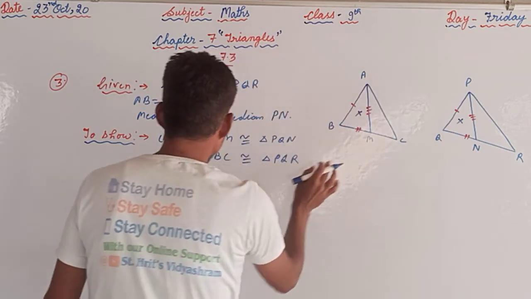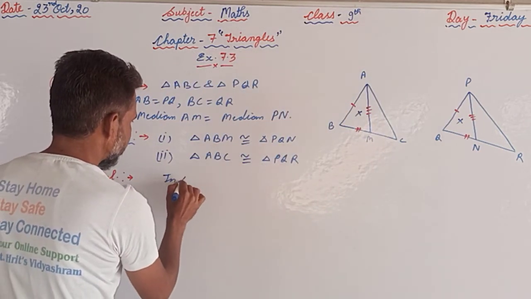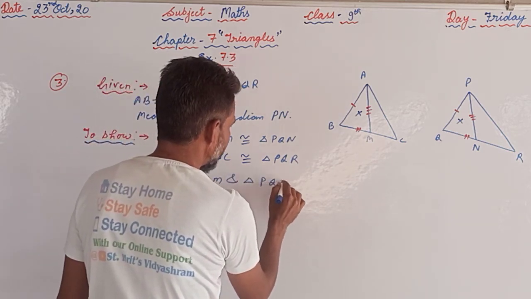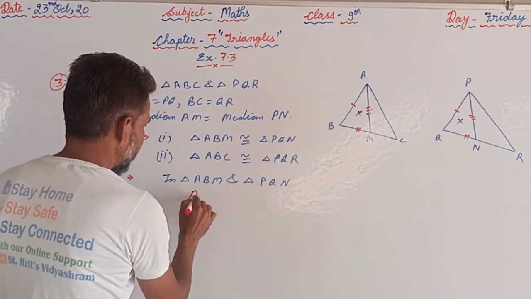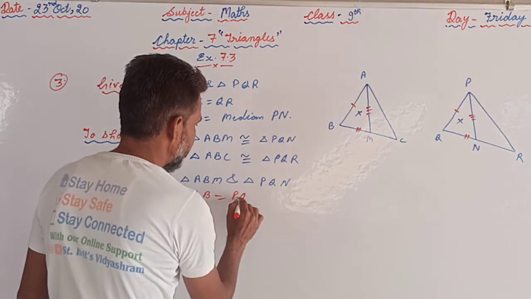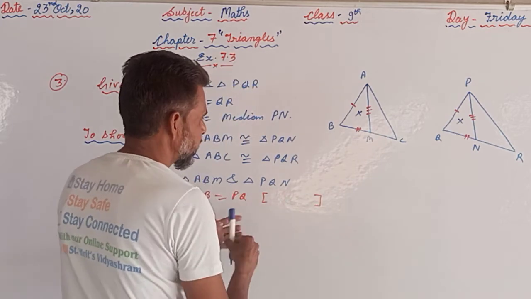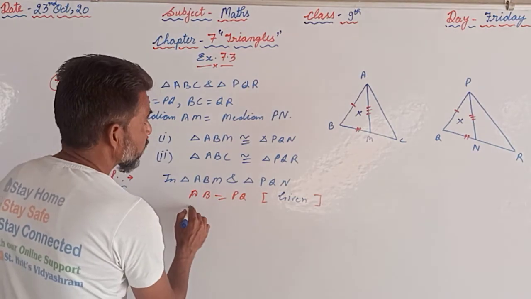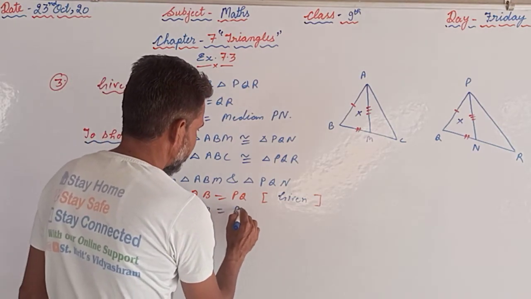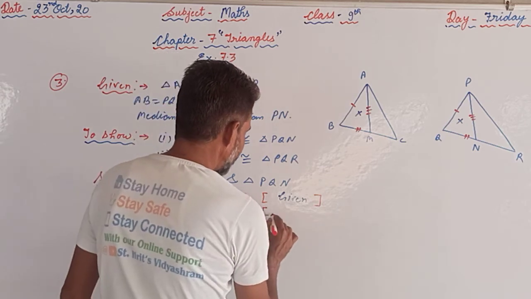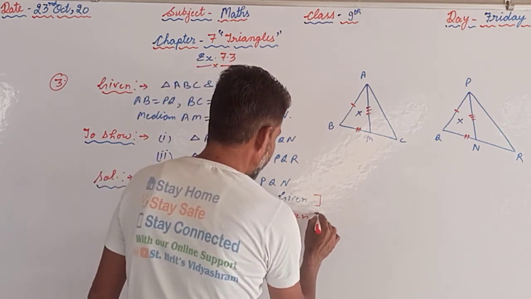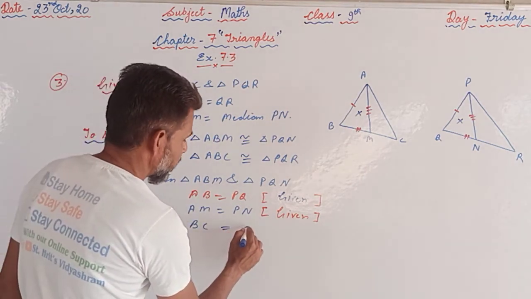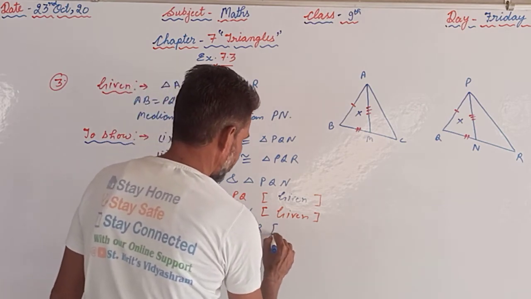In triangle ABM, which we have to prove, and triangle PQN, AB is equal to PQ, that is given in the question, and it is also given that AM is equal to PN.